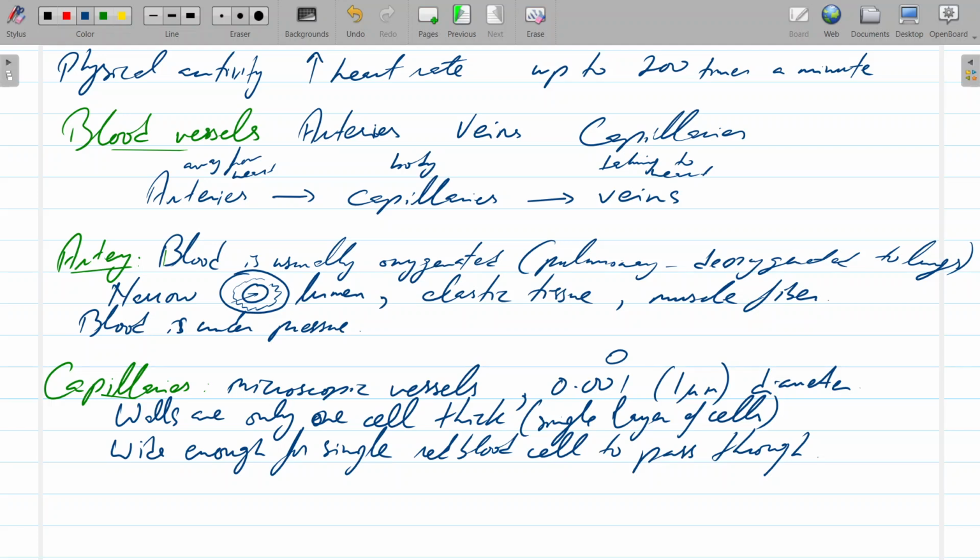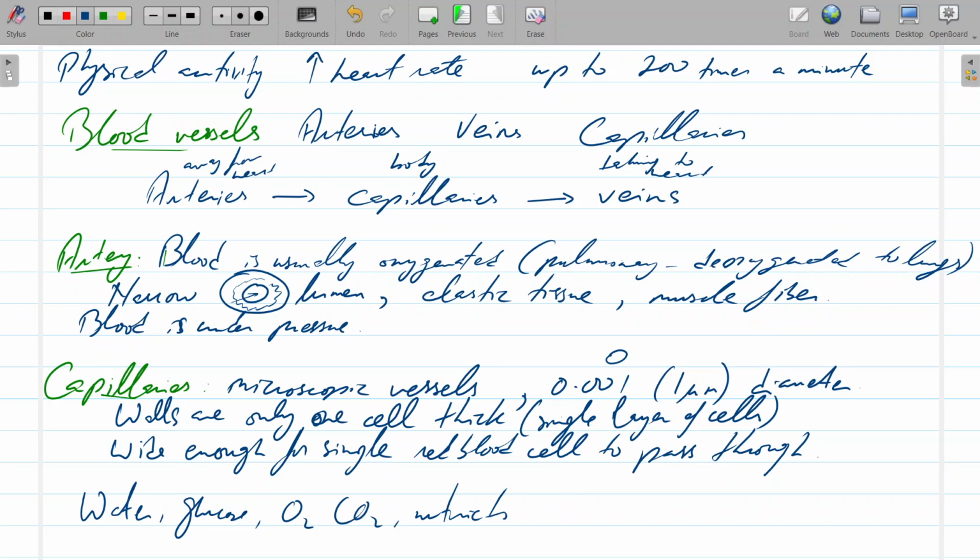Now, although it's only one cell thick, not everything can leave the capillary. Water, glucose, O2 and CO2, obviously, nutrients, some wastes, all of these can leave.